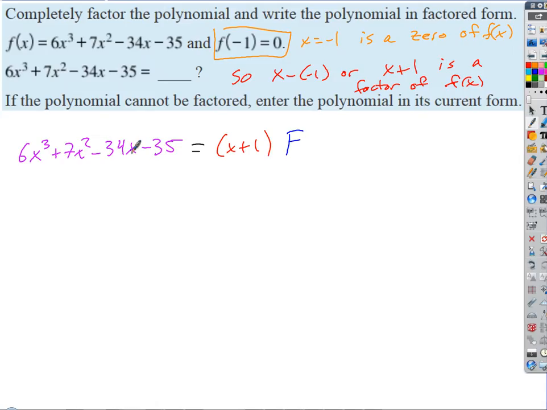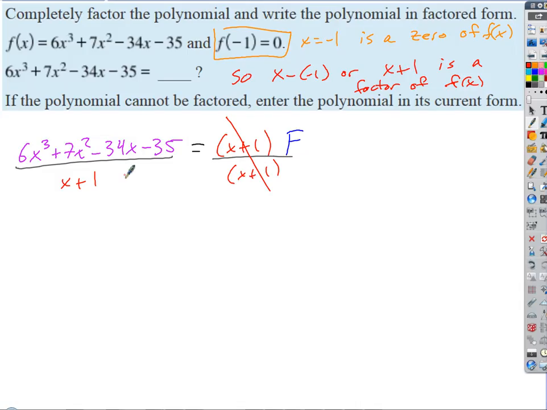What do I do algebraically if I want to isolate something? How do I undo multiplying by x plus 1? Divide. I'm just going to divide both sides by x plus 1. The x plus 1's cancel, and whatever the missing factor is, it's equal to that quotient.